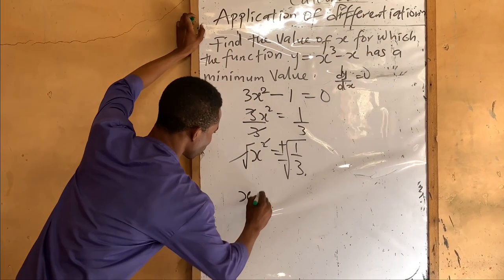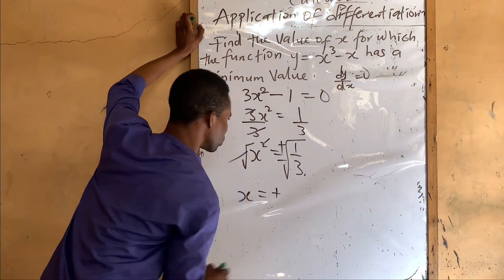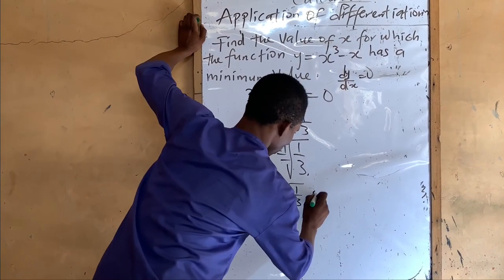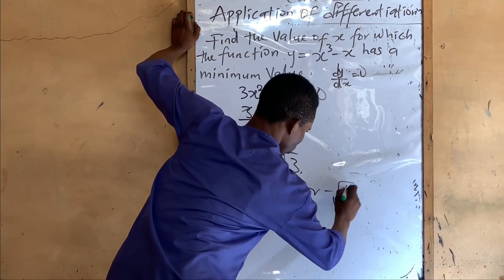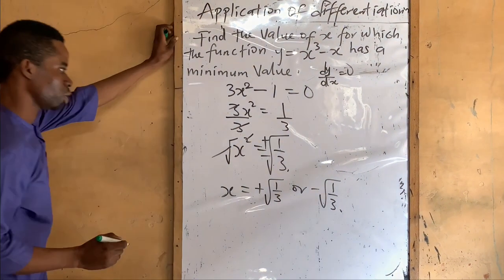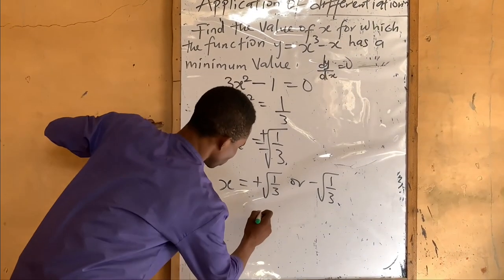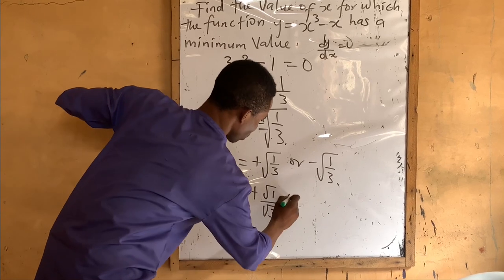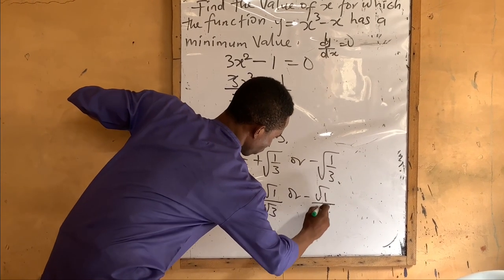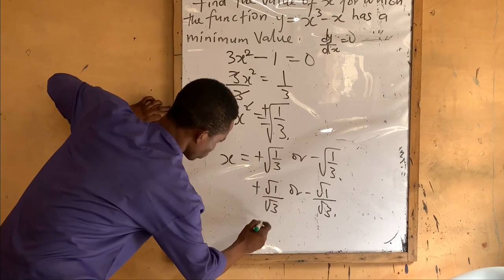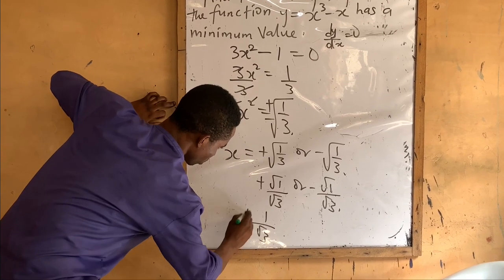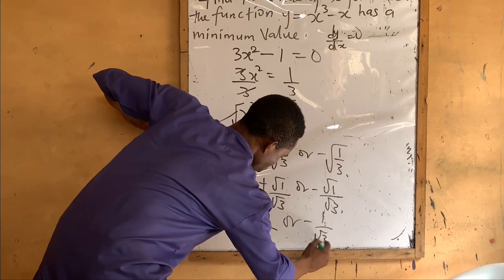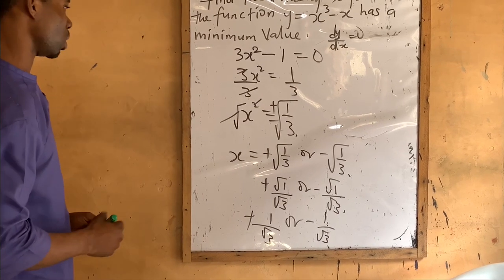That means s equals plus root 1 all over 3 or minus root 1 all over 3. Which is the same thing as root 1 all over root 3 or minus root 1 all over root 3. Root 1 can also be 1, so 1 all over root 3 or minus 1 all over root 3. I'm still talking about the same thing.